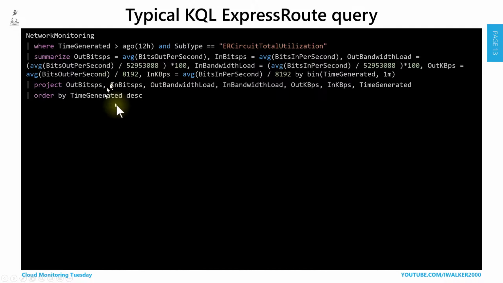But also, you see, we need to, for example, understand workloads, how we can see bandwidth load. So how can we do this? We are using here, when we are talking about a 50 megabit performance circuit, we are taking the average by this and multiplying by 10.